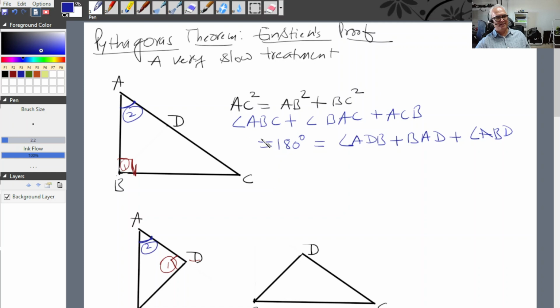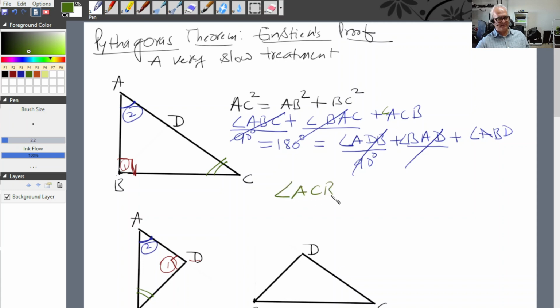So ABC is 90 degrees, ADB is 90 degrees, BAC and BAD are same, so they cancel out. So that means angle ACB in this triangle is same as angle ABD.